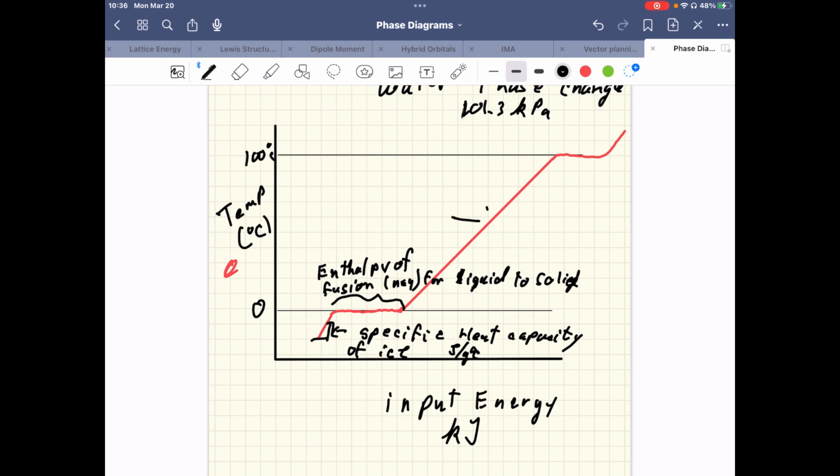The rest of this curve is just the specific heat capacity of water. Remember, we abbreviated it C, specific heat capacity of water, and we know already, it's 4.18 joules needed per gram to go up 1 degree Celsius. This interval here is the heat of vaporization, or enthalpy of vaporization.